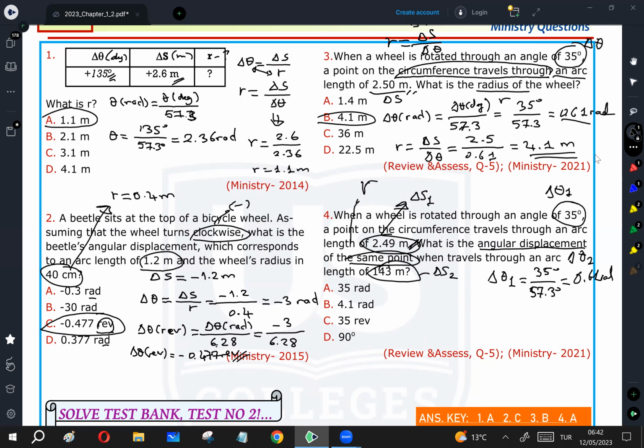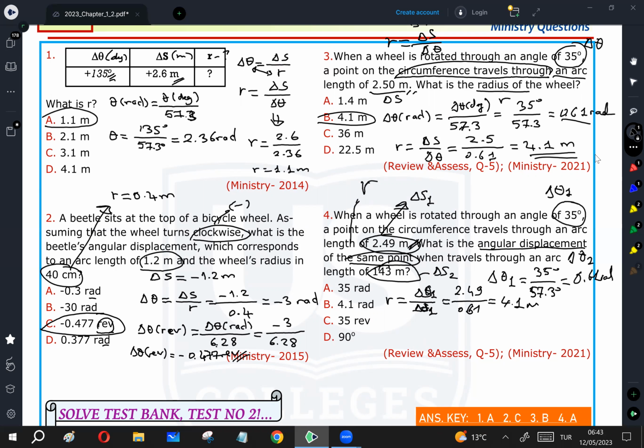After that, calculate R for this point, which is on a circular path: delta S1 divided by delta theta 1, which is equal to 2.49 divided by 0.61, which is, as you calculated in question number 3, 4.1 meters.